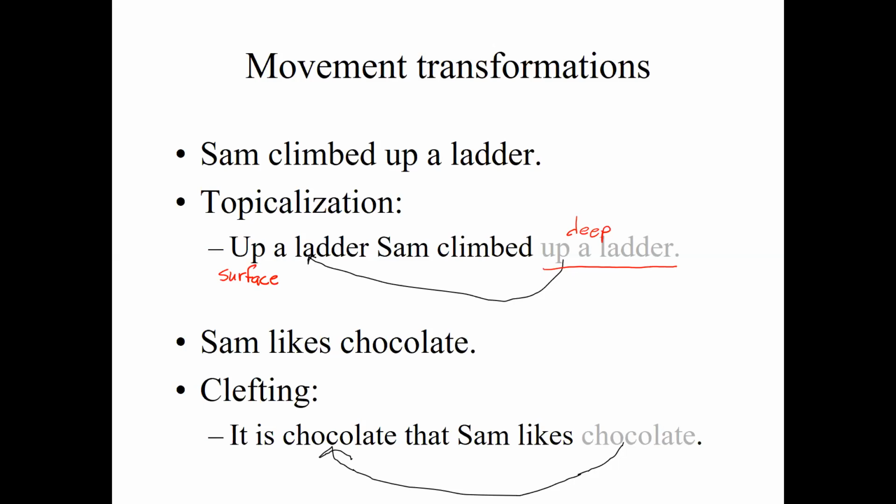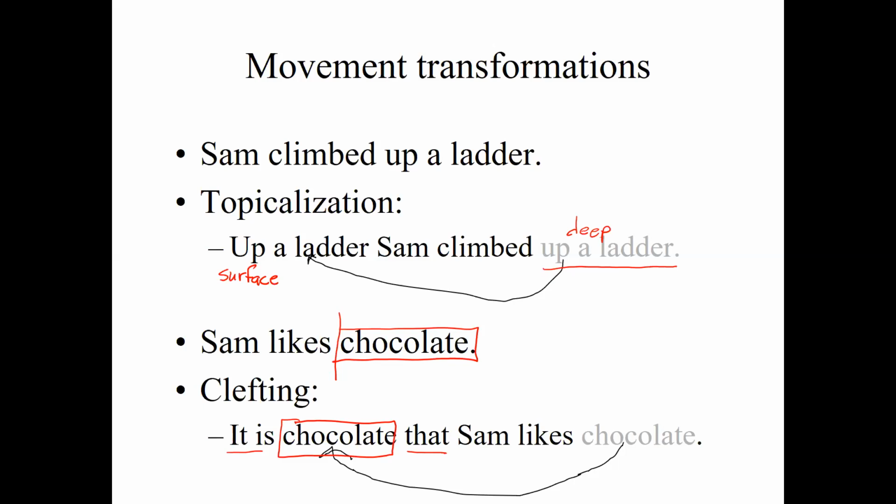Okay, another transformation is called clefting. Cleft means to cleave or cut something. So you cut the sentence. I decided to cut it this time between likes and chocolate. And then you take the piece you cut off, and you add the words it is and the word that.